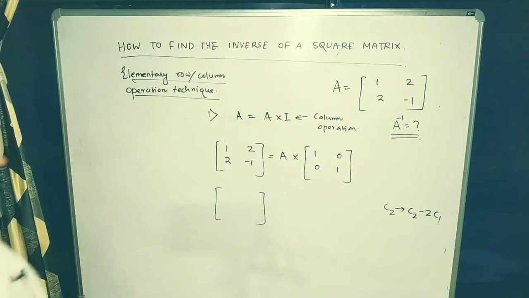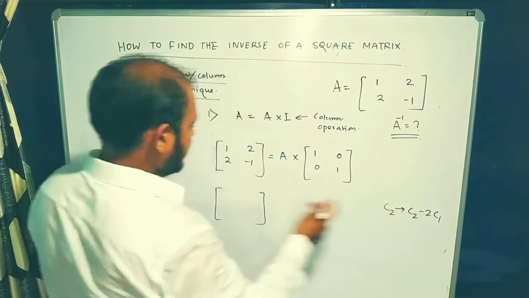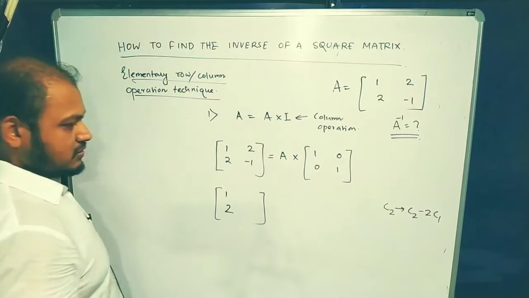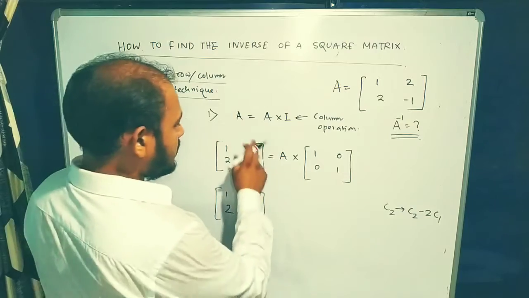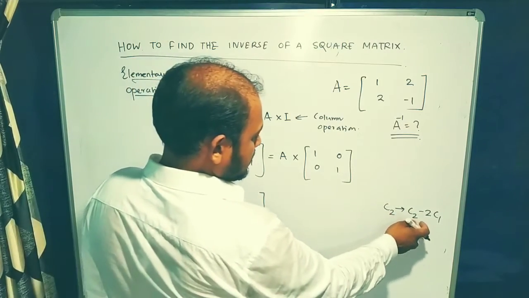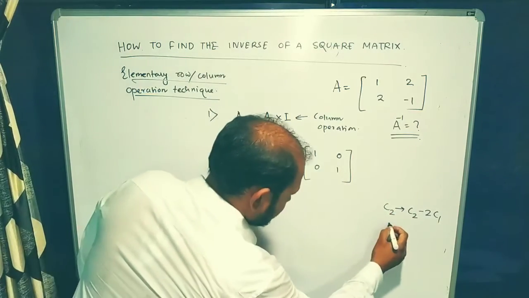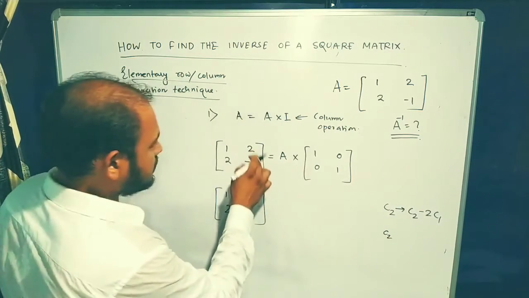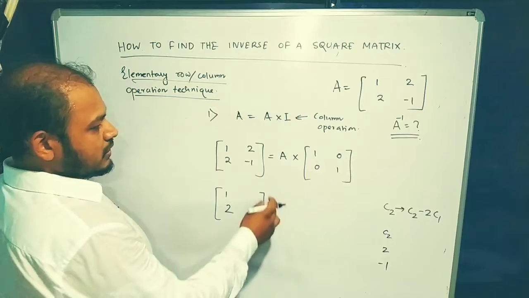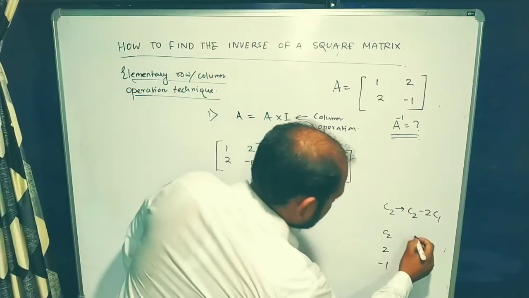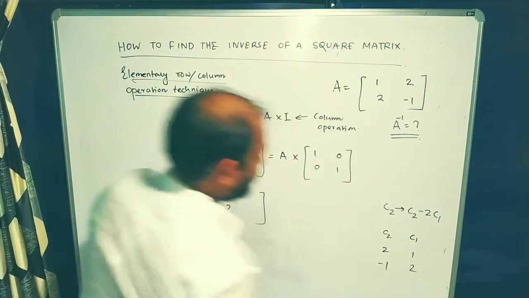Try to do this. See, first column is not getting changed, so I write the first column as it is, and look at the second column. Second column will be changed because C2 is getting changed to C2 minus 2 C1. So let us first of all write C2. C2 is 2 minus 1, and what is C1? 1 2.